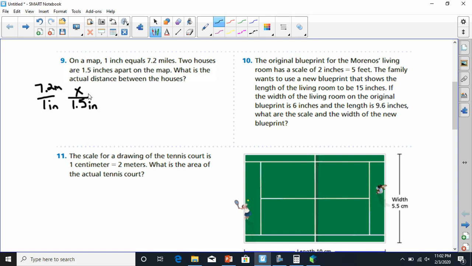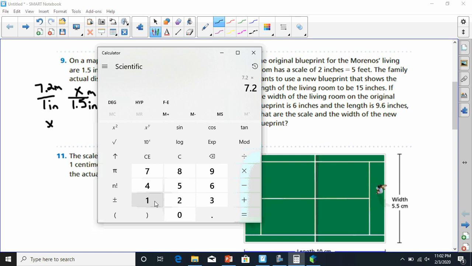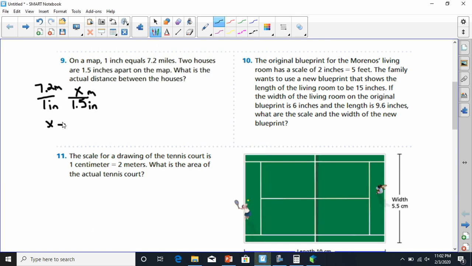And we're looking for how many miles this is. Well, 1 times x is x. And 7.2 times 1.5, well, let's check that out in our calculator. 7.2 times 1.5 gives us 10.8. So that means this has got to be equal to 10.8. And since we're talking about miles, it's miles.